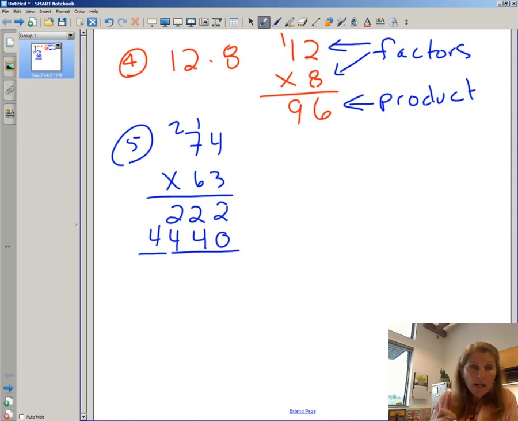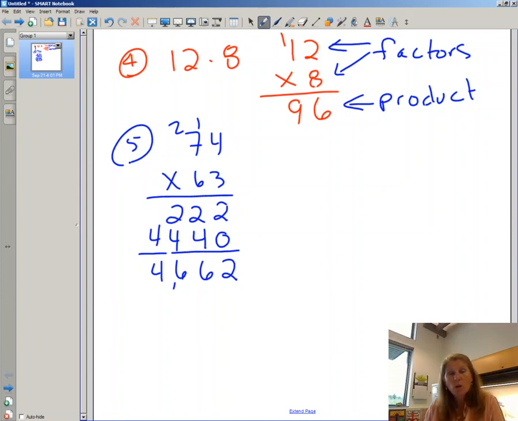That's the kind of math you may not be able to do in your head. It may take a little bit longer. Use your multiplication chart or do it slower, but you need to be able to get those single digit multiplications like 6 times 7 down. Then I'm ready to add that up. 2, 6, 4. So 4,662 would be my product.